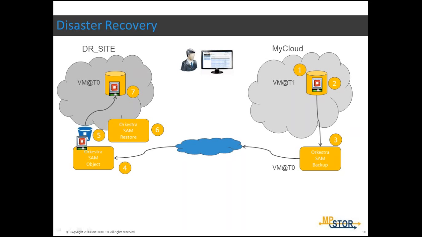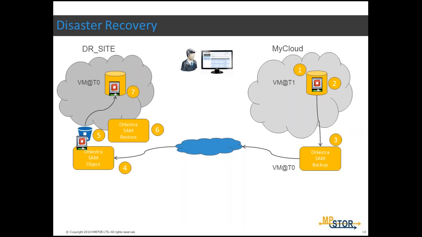Now we are back to exactly the same state. We've created a volume on our own cloud, we have copied a virtual machine into it. We booted it, we're running it. We then back that up through the backup tool to the remote object store. If there's a problem with our MyCloud, we can then restore out of that bucket into the virtual machine.